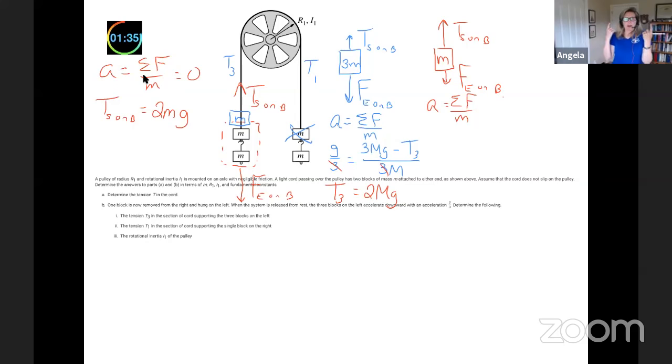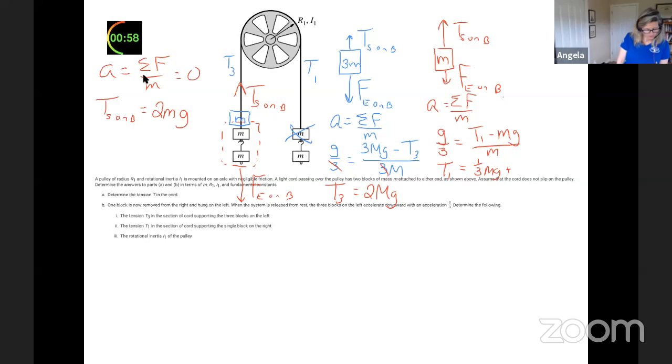You can't choose up positive for both because they're connected as a system. So I'm choosing the way that they're moving as the positive direction. For the block on the right, that means up is positive. So g over 3 is equal to T1 minus mg, over m. And then we're solving for T1. So T1 would equal 1/3 mg plus, minus mg?